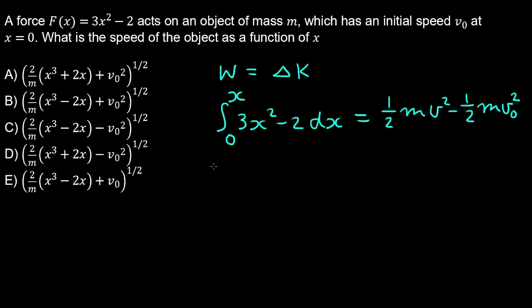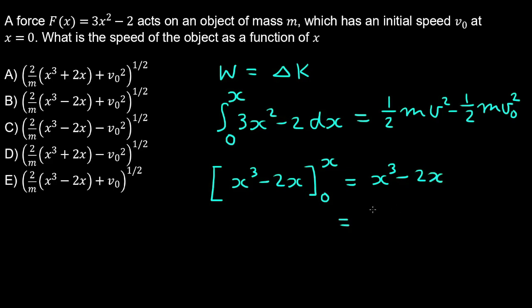So evaluating the integral, we have 3x cubed on 3 minus 2x, evaluated from 0 to x, which is equal to x cubed minus 2x. And that's equal to the change in kinetic energy, which is 1/2 m by v squared minus v naught squared.